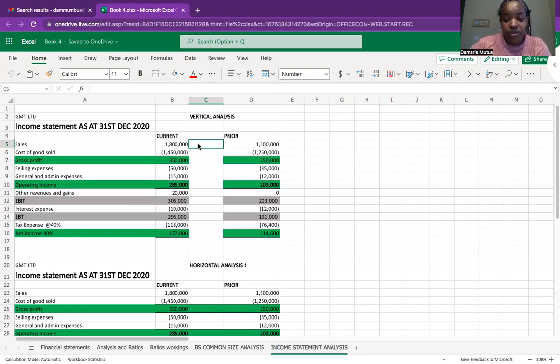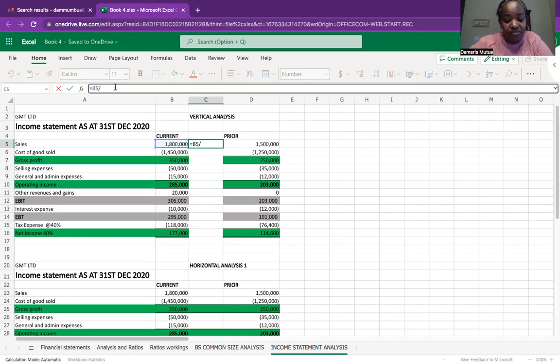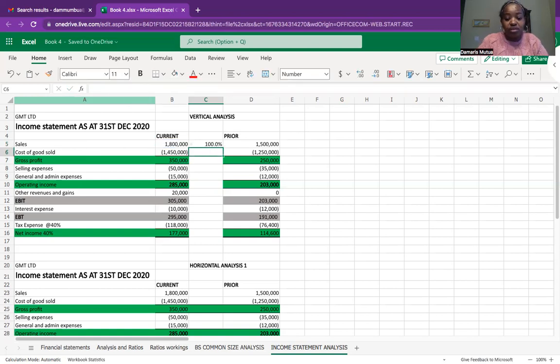So this is what we're going to do. We want to know how our GMT organization is doing. So sales, our sales is 1.8 divided by the same figure, divided by B5. So sales is going to be 100%.